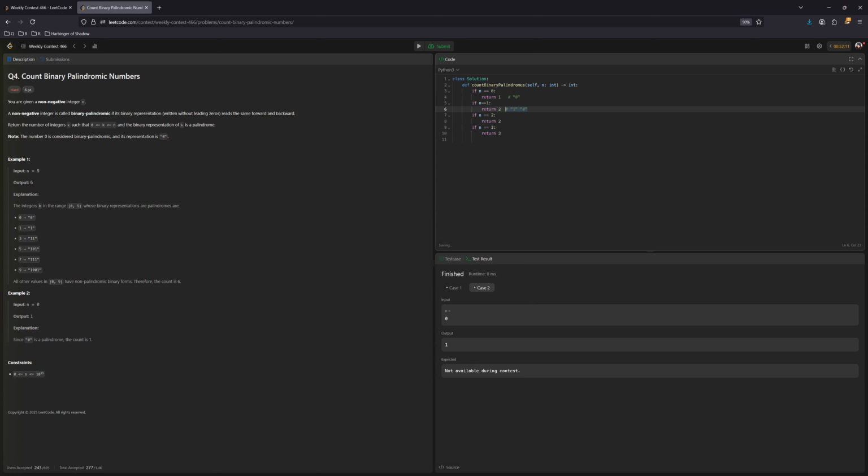And then this is 1 or 0. This is because you can't do 1, 0. That wouldn't work. And then this one is 3 because you can also do 3.